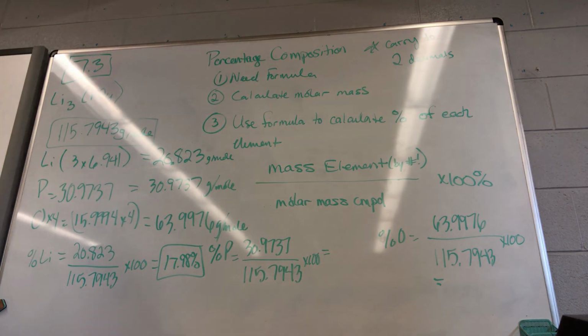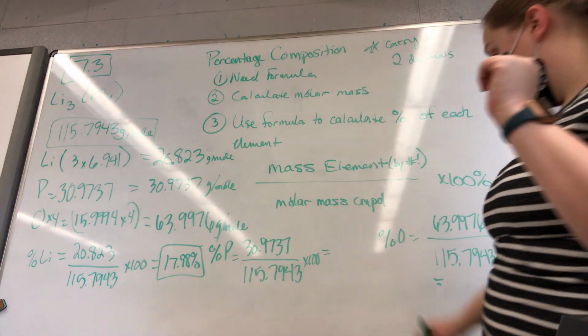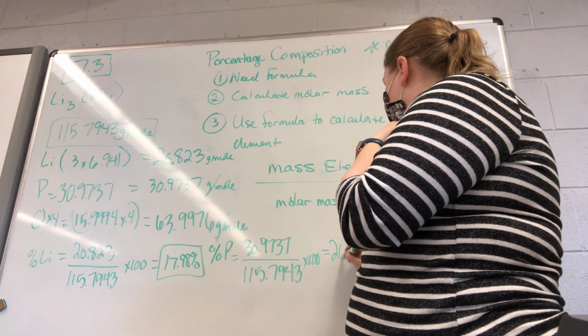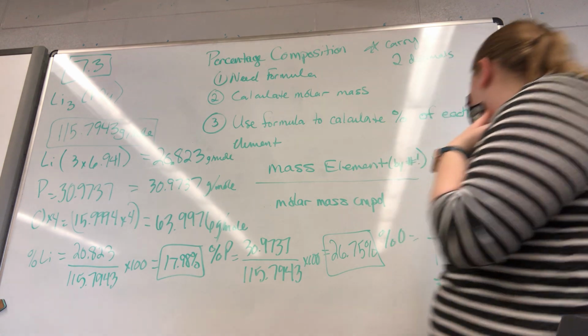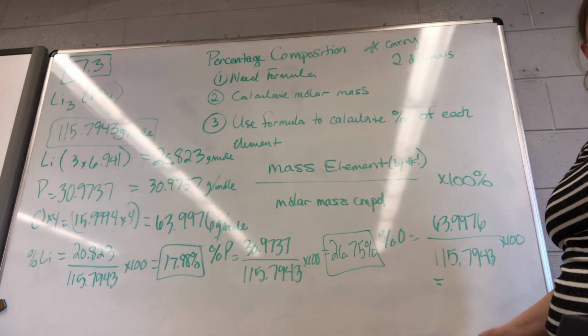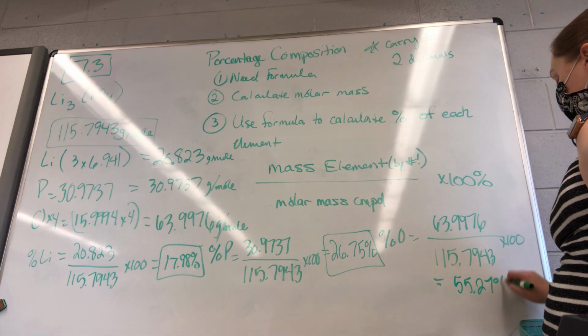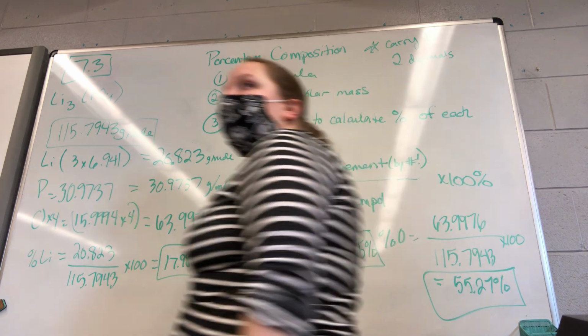Someone's always like, what are we rounding it to? Always 2 decimals when in doubt. All right, what's my percentage on phosphorus? Anybody? Krista? 26.75. Say 26? Okay. All right, and then for oxygen, anybody? 27. Okay.